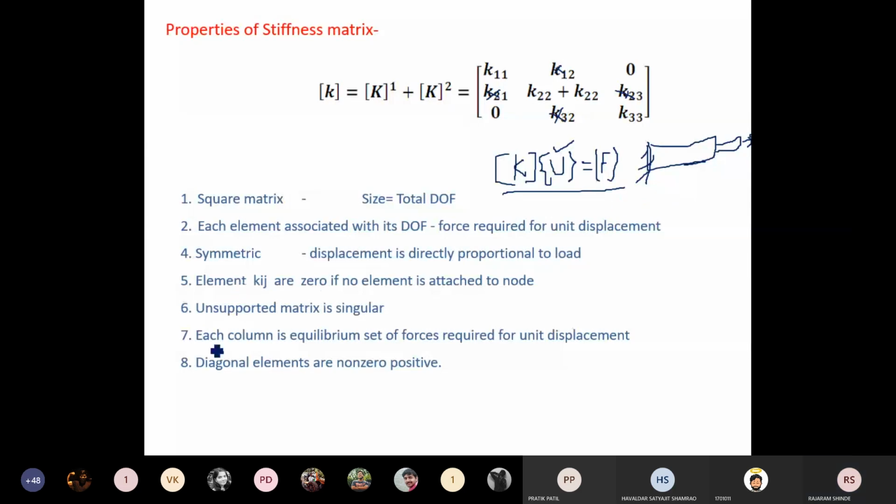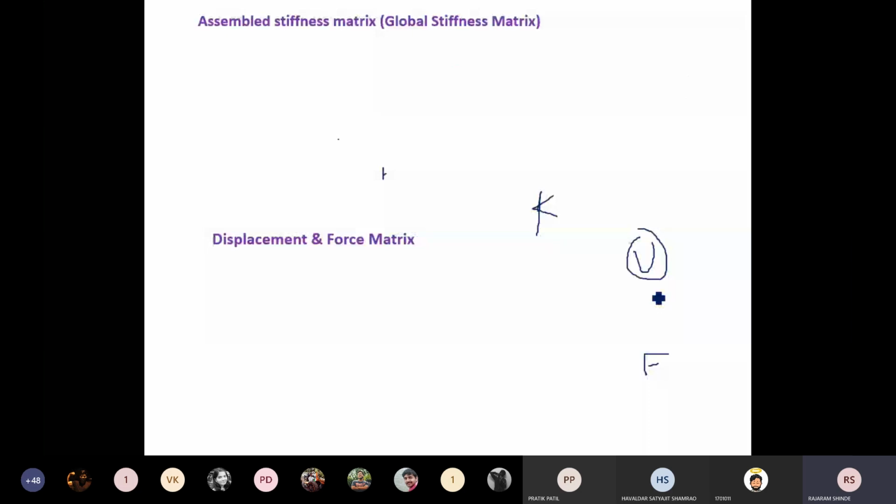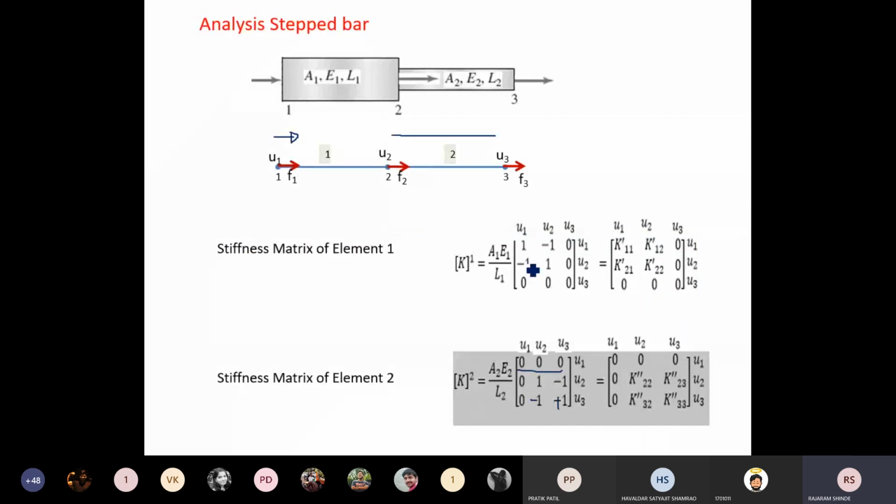Now, each column of the stiffness matrix is an equilibrium state of the forces required for unit displacement. Equilibrium state of the forces means their addition is 0. If you go back and see this one here, this term is AE by L, this term is also AE by L, both terms are AE by L. Now this is positive and this is negative.